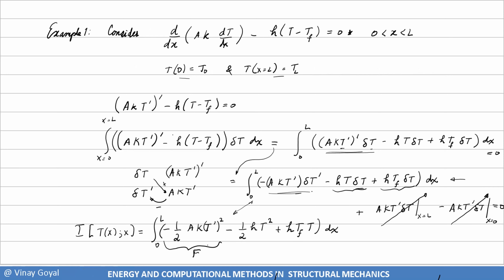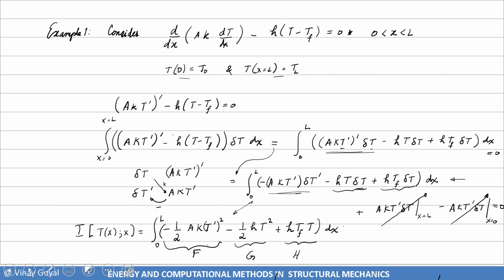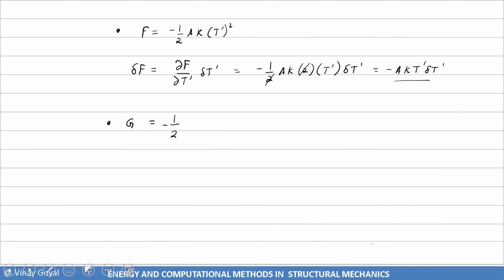I can do the second term as well, so you can see it. Let me call this g and this h, so you can see everything works out very nicely. So g is 1 half, and in our example we have ht squared.